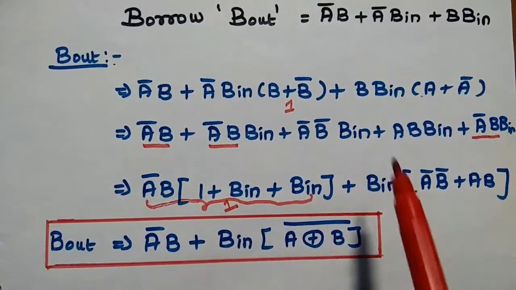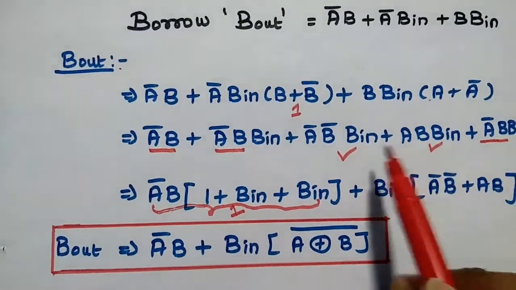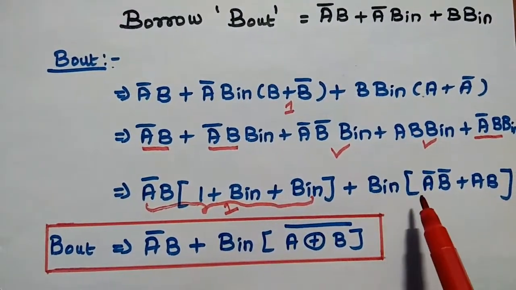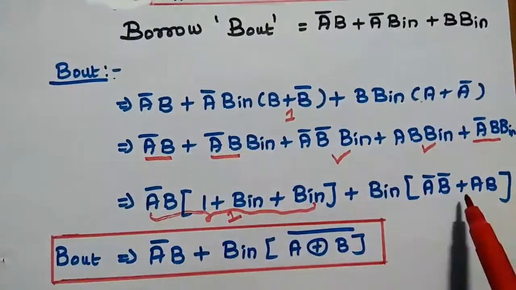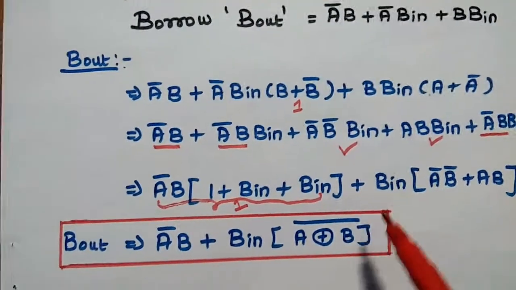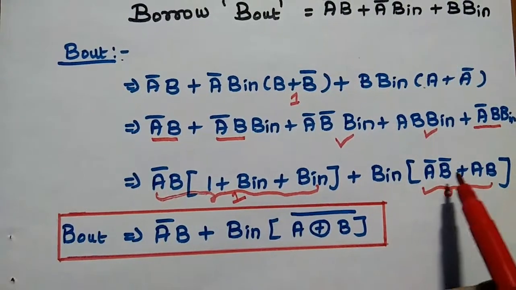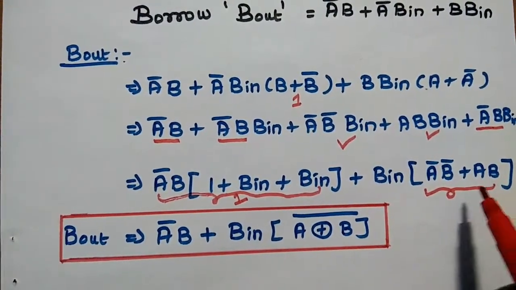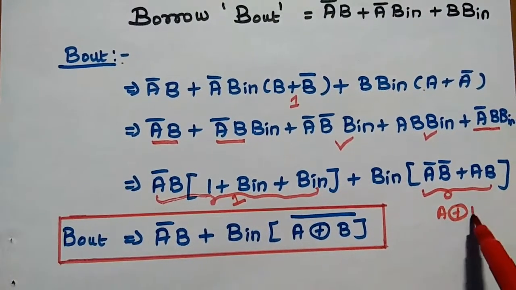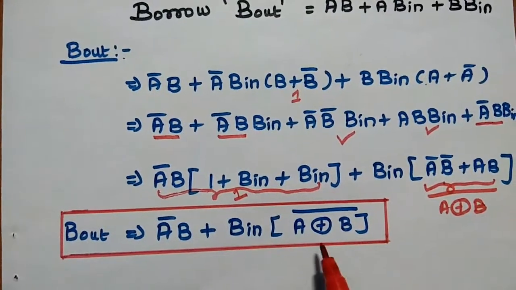Likewise, next term. In these two terms, B in is common, so we can take it outside. So B in of A bar B bar plus AB. So here we can take this B in as such and the remaining terms A bar B bar plus AB. This is nothing but the complement of XOR of A and B. Okay, so this expression can be written like this.